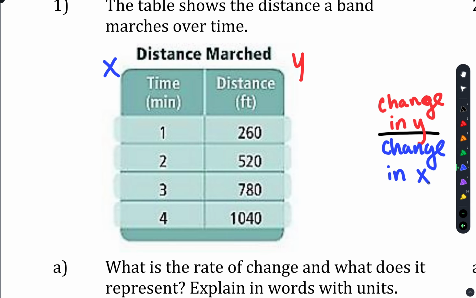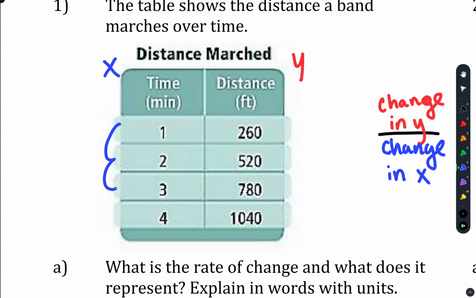So first off, let's take a look at this one. This says the table shows the distance a band marches over time. Do we think this is going to be like a positive or a negative? They're marching somewhere. It's going to go upwards, right? My number should go upwards because they're marching a certain distance every minute. So the first thing we need to determine is, is this constant? Are they going up by the same thing every time?